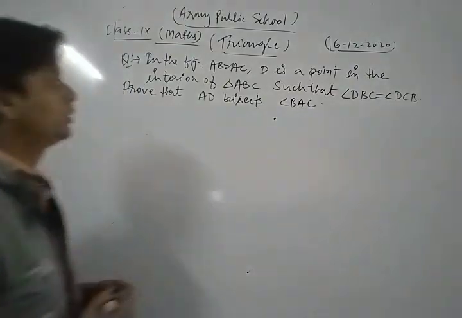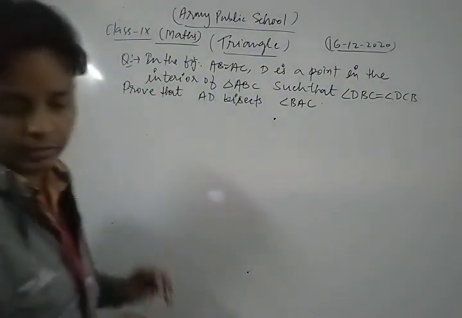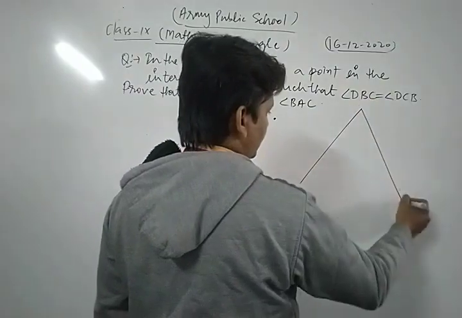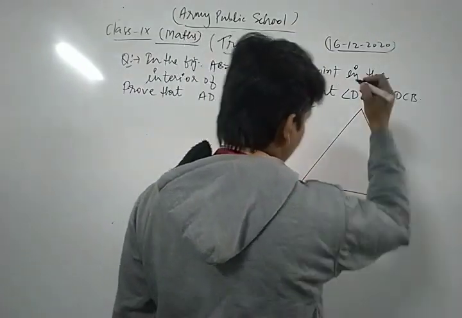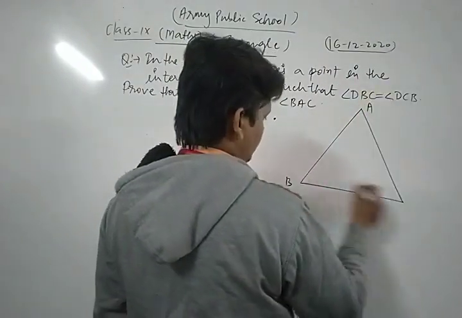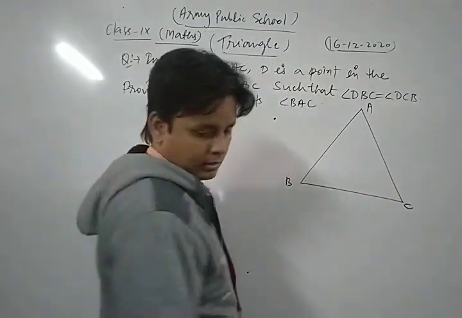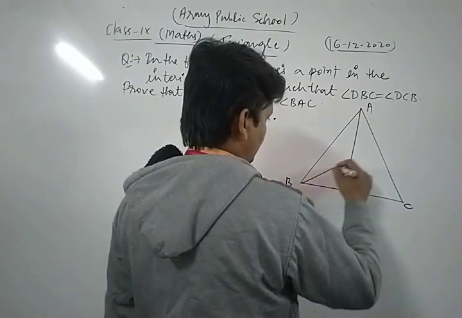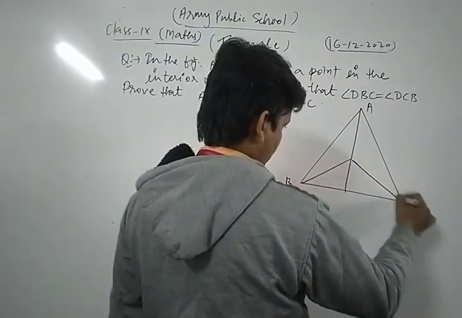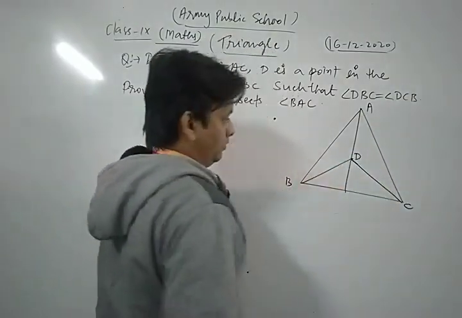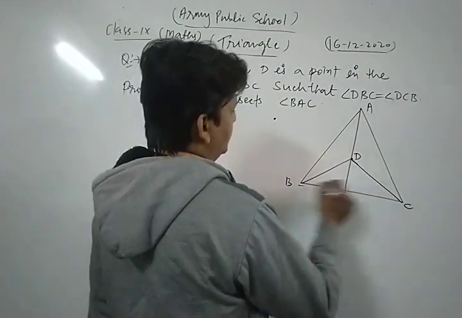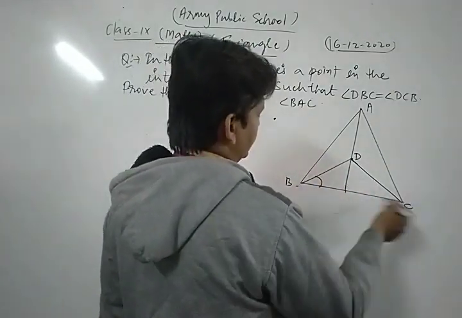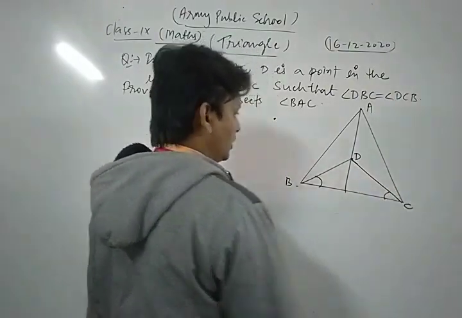This is a very important question, dear friends, and the figure is this. This is a triangle ABC, and here D is a point on that, and angle DBC is equal to angle DCB, which is given in our question.